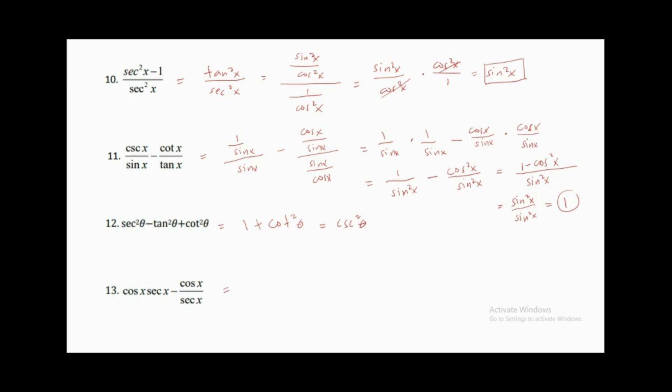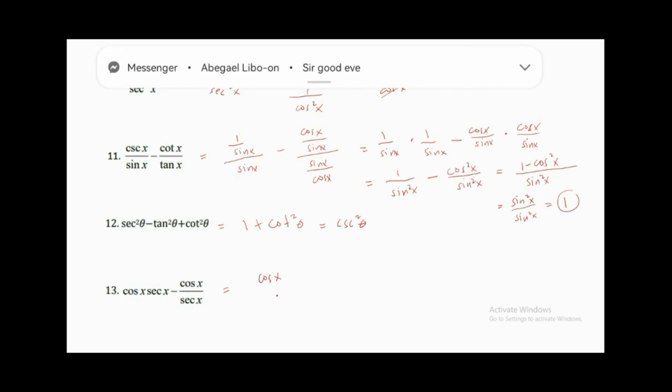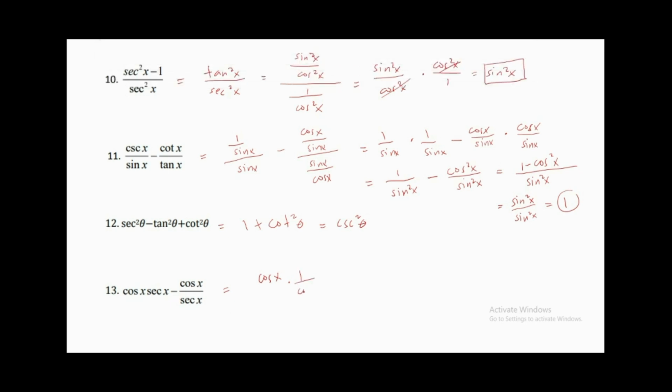Number 13. So number 13, we have cosine x times secant x, which can be 1 over cosine x, minus cosine x over 1 over cosine x.